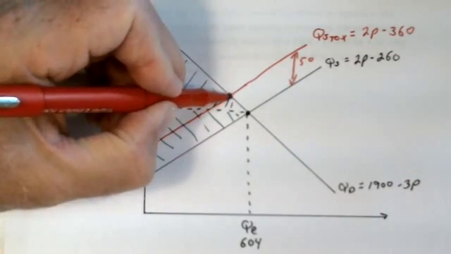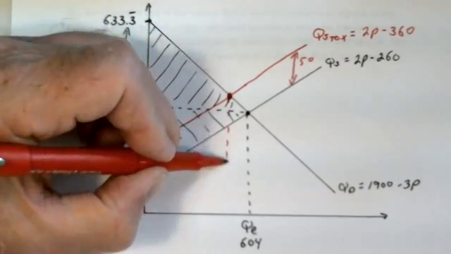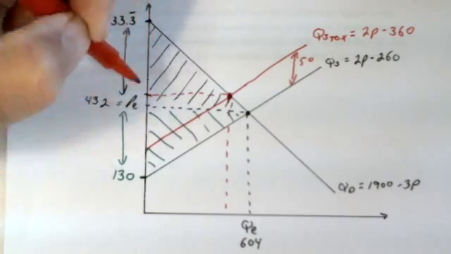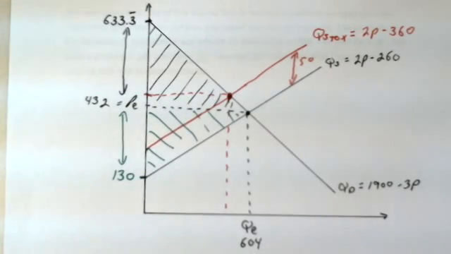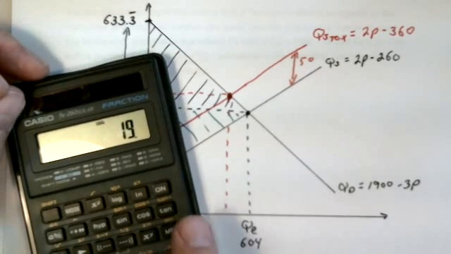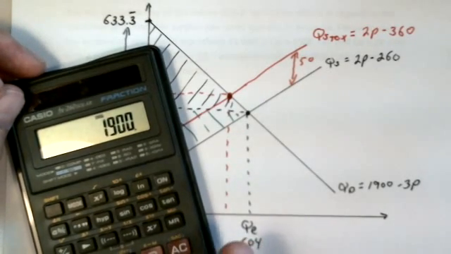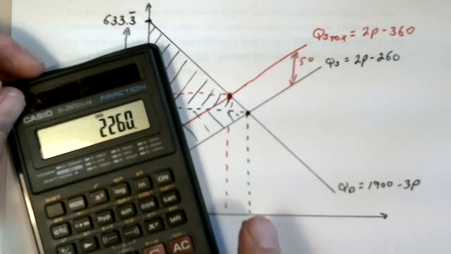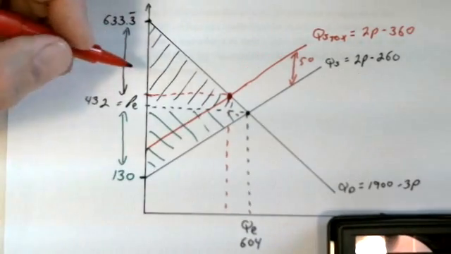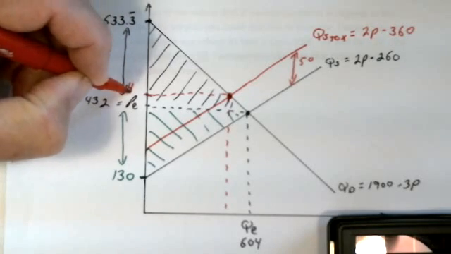Okay, so now we're going to get a new equilibrium here. So we should find what those are. So again, kind of working in my head, it'd be 1900 plus 360 divided by 5. So this number up here is 452.